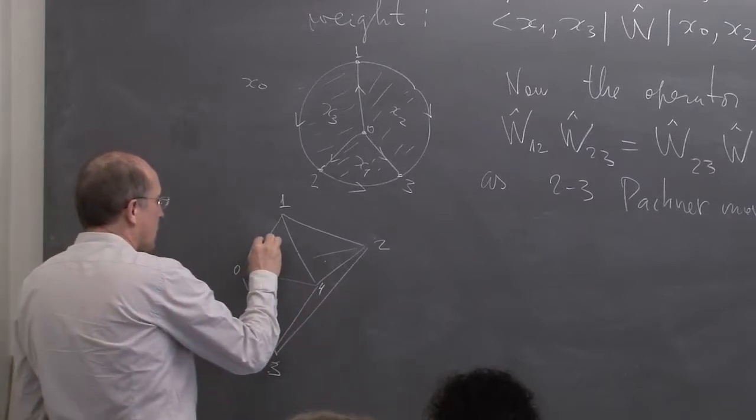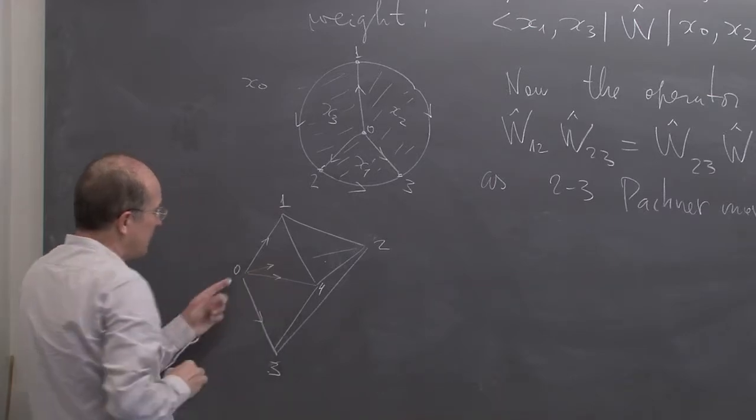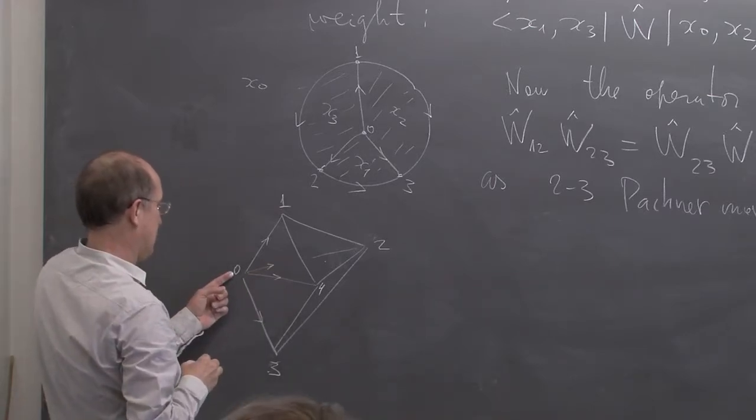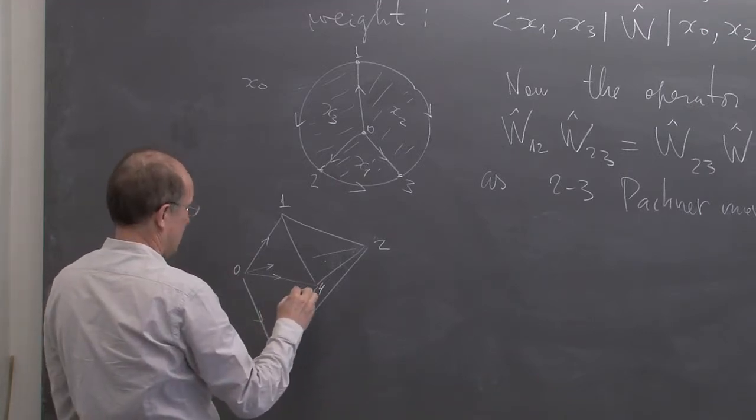Now we can put the arrows. Again, these numbers just count the number of incoming arrows.